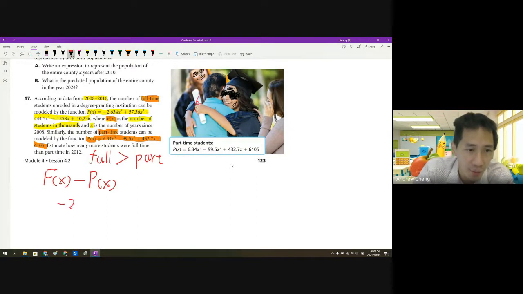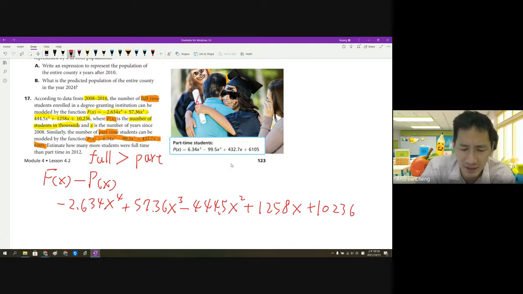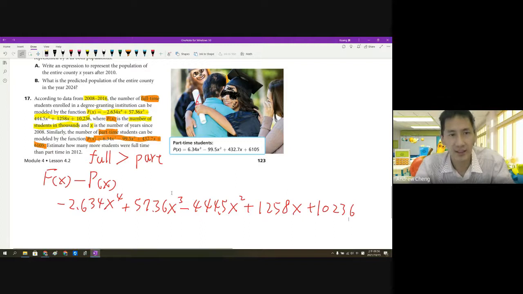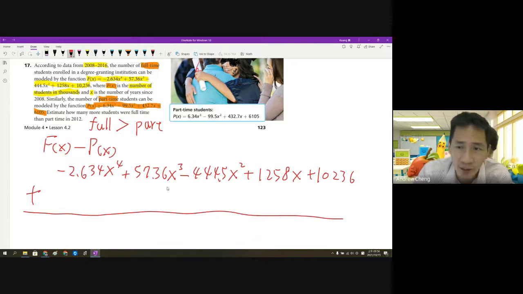So negative 2 point, minus 444.5x squared, plus 1, 0, 2, 3, 6. That's for the number of full-time. x is the time after 2008. And then subtract. You can use addition, but you have to change the sign for the part-time number.